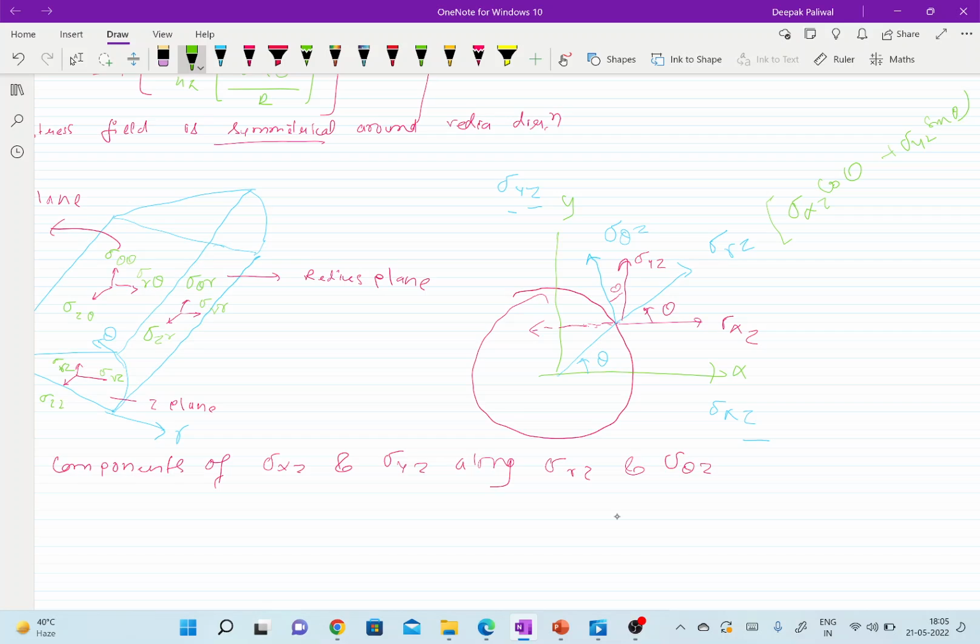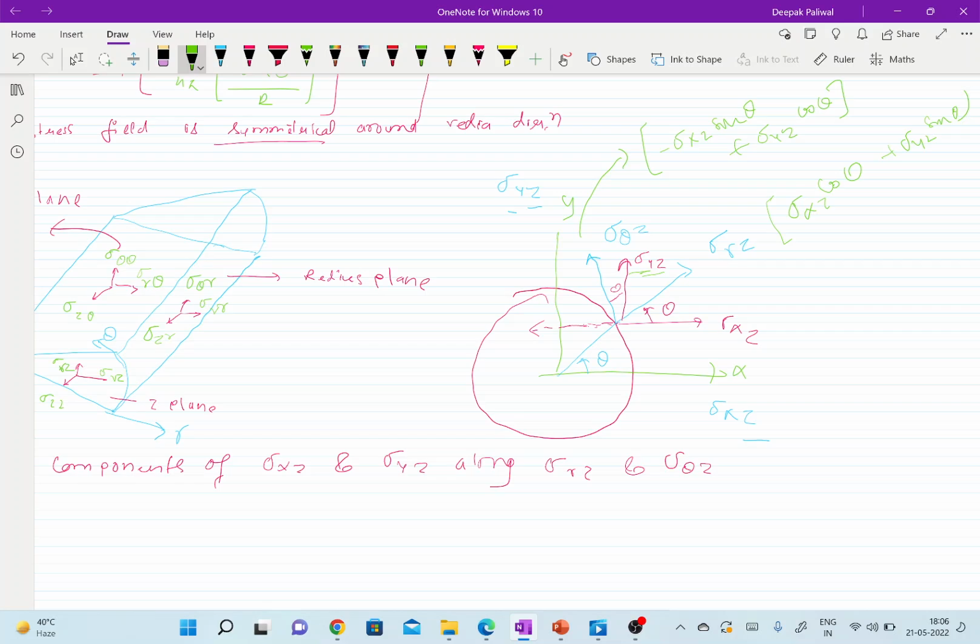For the sigma theta z direction, I am writing this: minus sigma xz sin theta plus sigma yz cos theta. We are taking the component along sigma theta z.